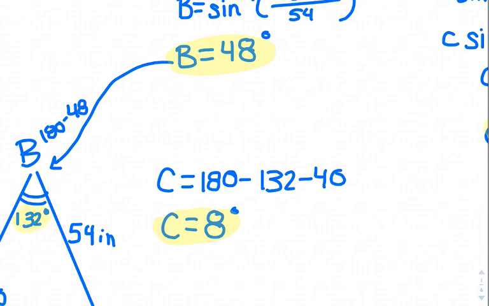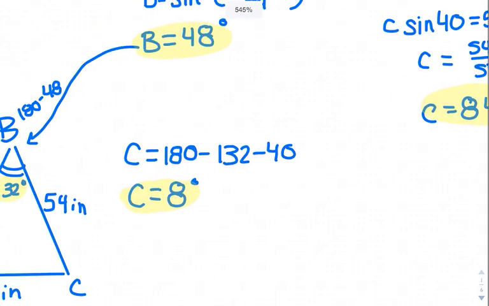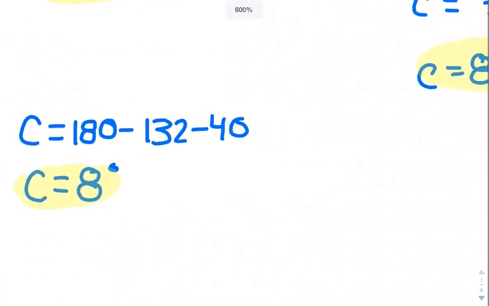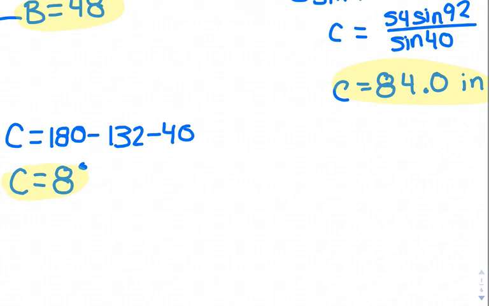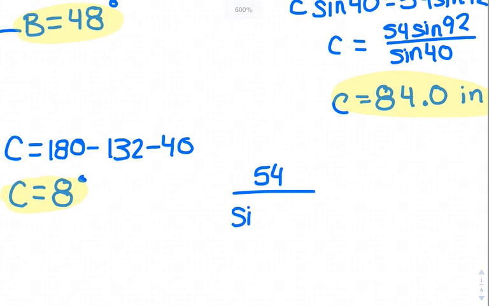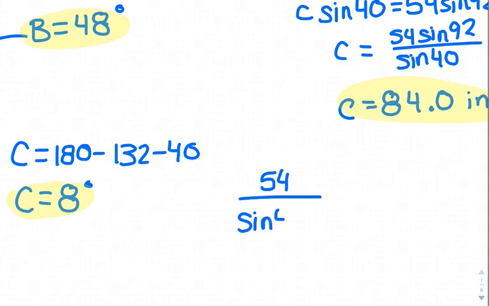And then what I have to do is solve for side C now. So I'm going to still use angle A and side A. So this is going to be 54 over sine 40. And then this time I'm solving for side C, so I have to use the angle C of 8.